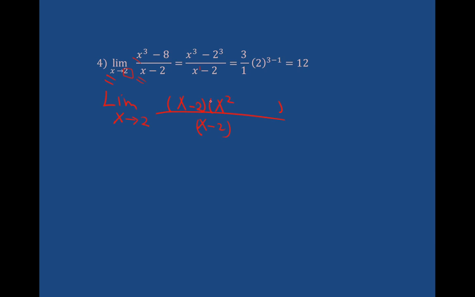Then x power 2, then positive 4; minus should be written as plus, negative should be written as positive, and first multiply second equals 2x. X minus 2 is cancelled by x minus 2, then x squared plus 2x plus 4, then substitute the value of x, which equals 2: 2 power 2 plus 2 times 2 plus 4, the limit here equals 12, as calculated before by using the law.